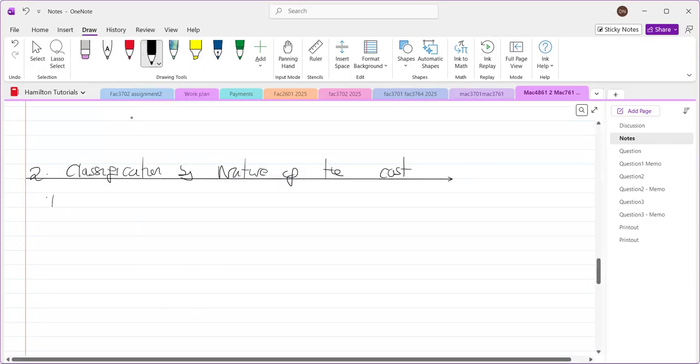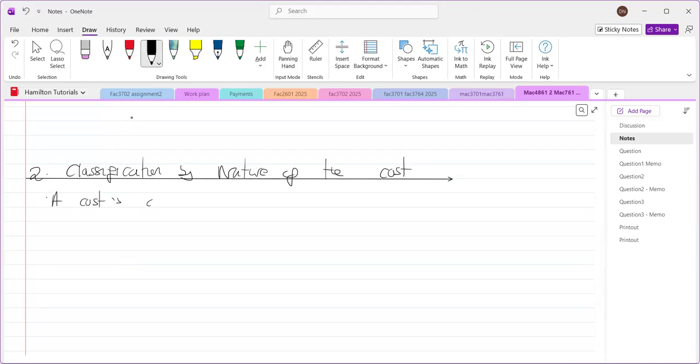So we are saying a cost's classification is determined by the location of the cost in the organogram of the entity.